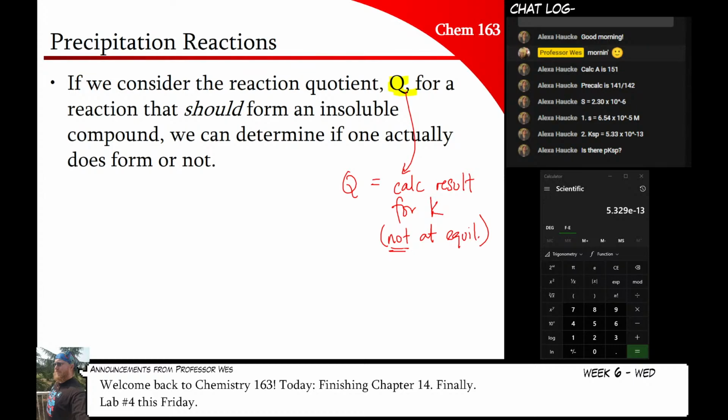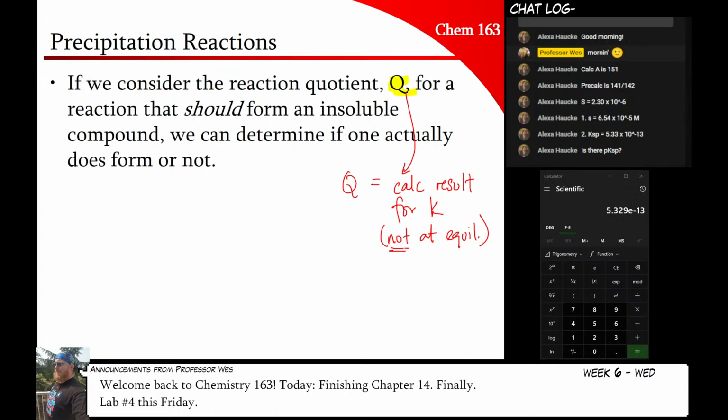In other words, if you don't know if you're at equilibrium, what you're calculating is Q. For instance, I could just throw in some random concentrations of ions. I have 10 to the minus 3 chloride and 10 to the minus 8 silver. Will a precipitate form? I don't know. Let's see what it multiplies together to do. And if you get a number greater than or less than Ksp, first of all, that number that you got was Q, and then you can act accordingly based on your result.